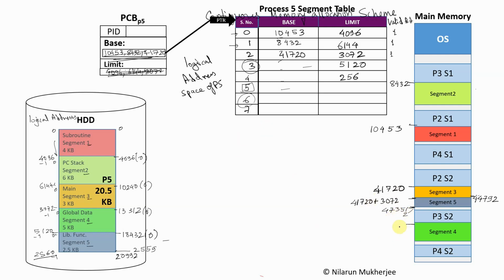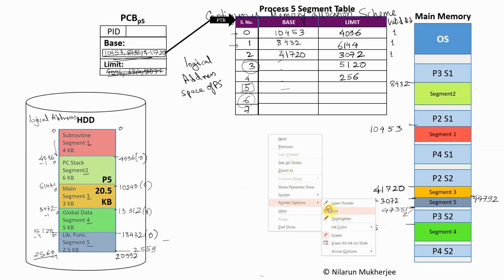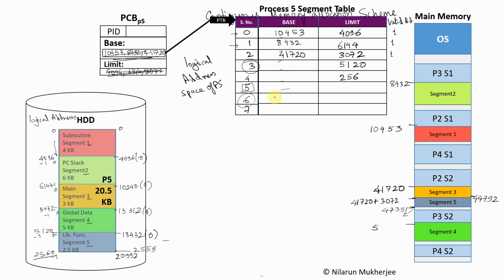And for segment 3 we have to update that this is 44792. For segment 4, sorry, this is segment 4, that is our segment 5, 44792.